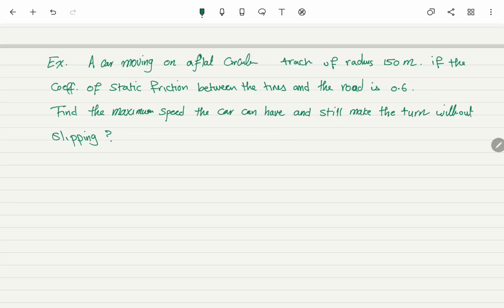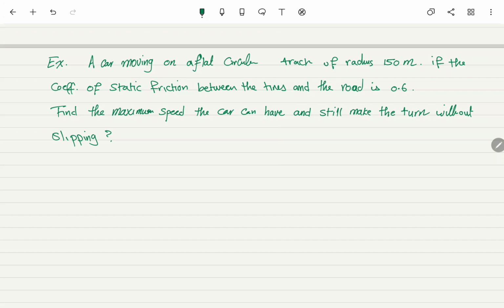Another example we have here: a car moving on a flat circular track of radius 150 meters. If the coefficient of static friction between the tires and the road is equal to 0.6, find the maximum speed the car can have and still make the turn without slipping.